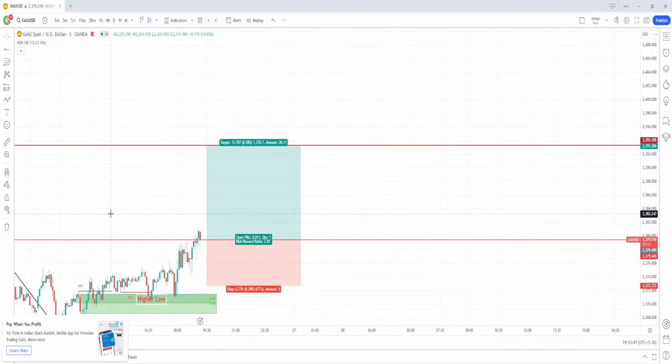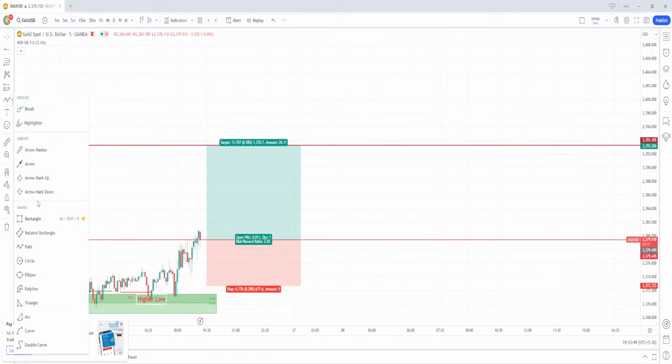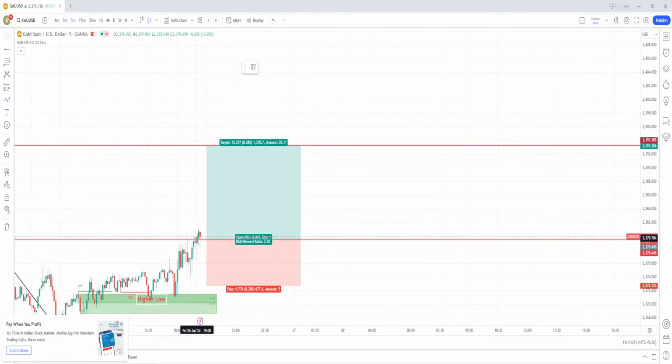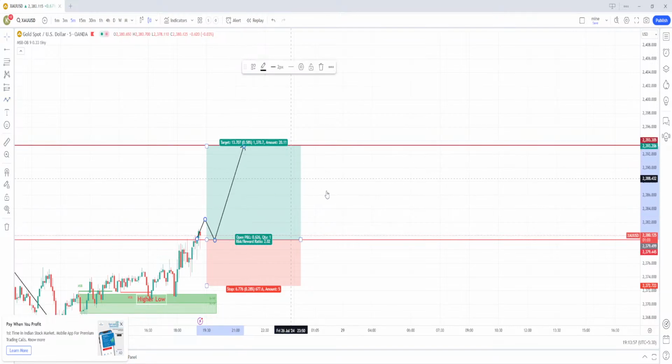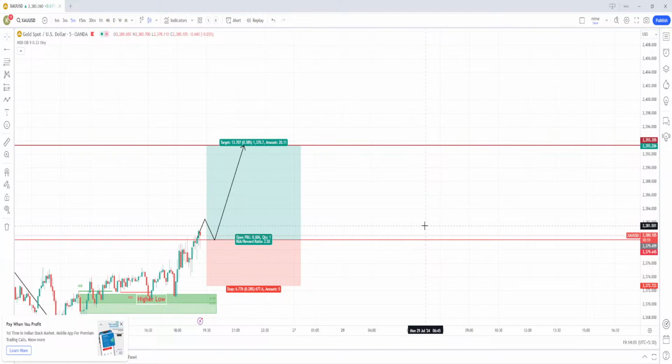Okay, if it takes a retest, these are my levels for now on the 5-minute time frame. I don't know exactly whether it will retest from here, but wherever the retest happens, I am going to take the trade.